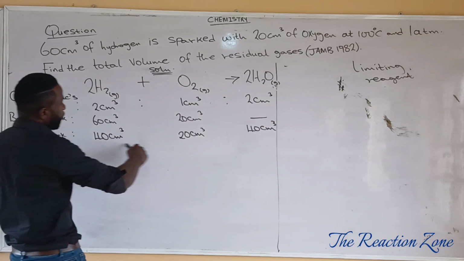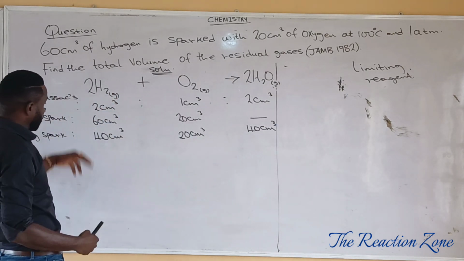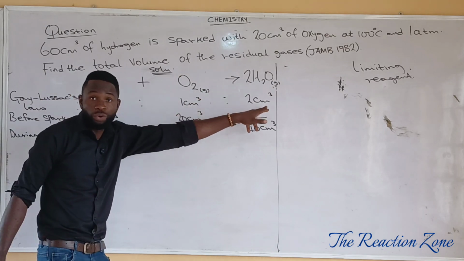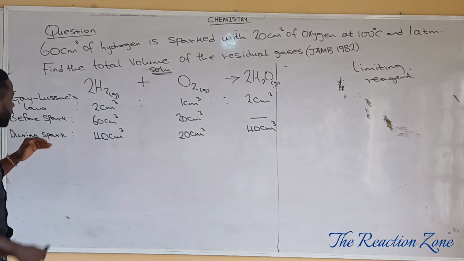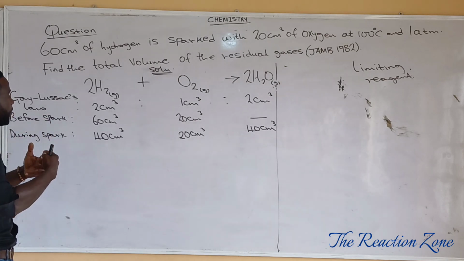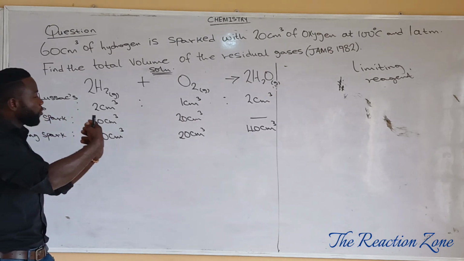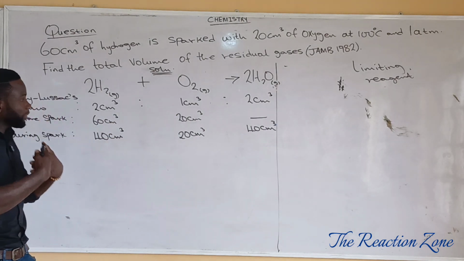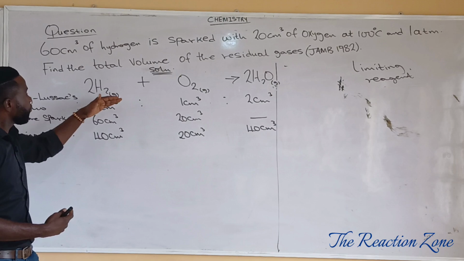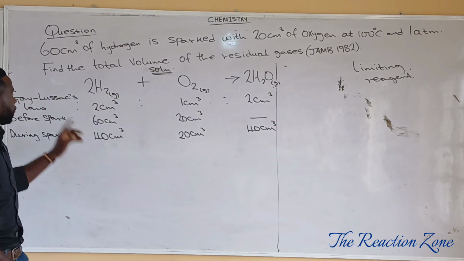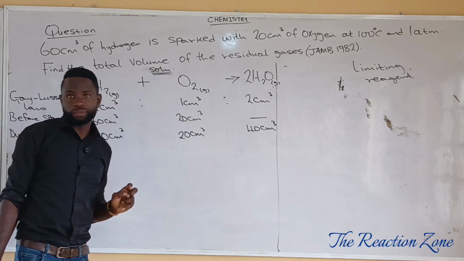If you divide across by 20, you will still get the ratio 2:1:2. So during the spark, the volumes of the reactants that combine, as well as the volume of the product that is formed, must be in the ratio in which they combine, which is 2:1:2.